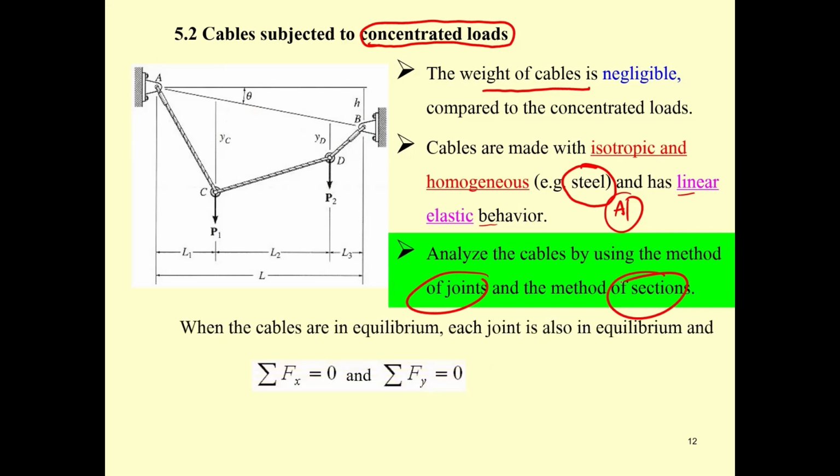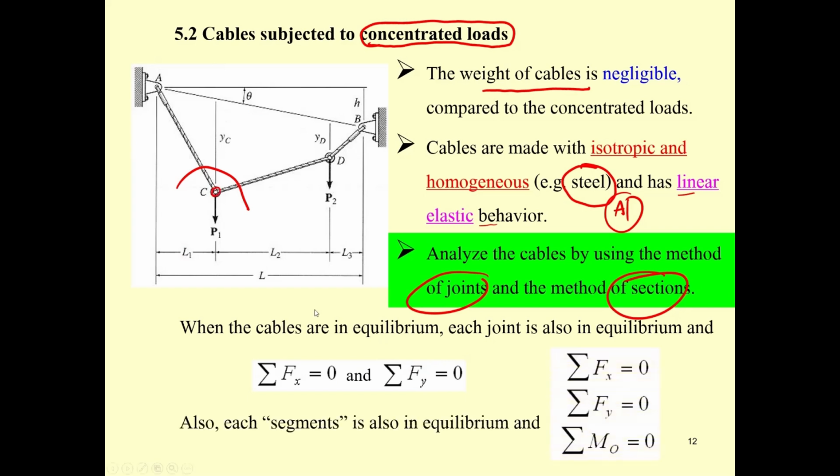For the method of joints, each joint gives you two equations of equilibrium, so for each joint you can solve for two unknowns.